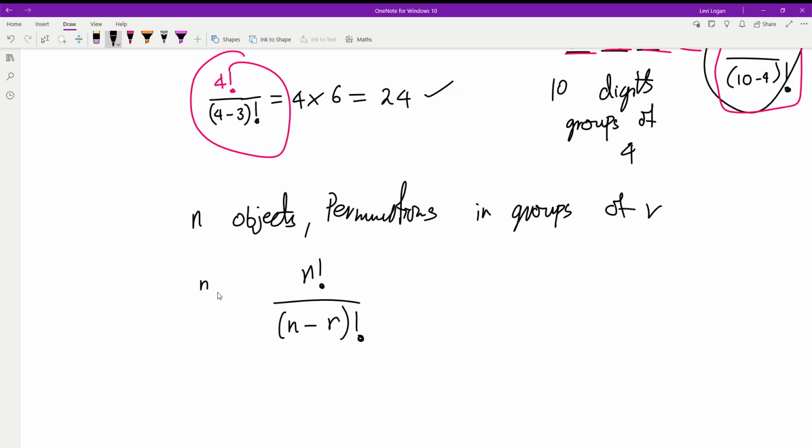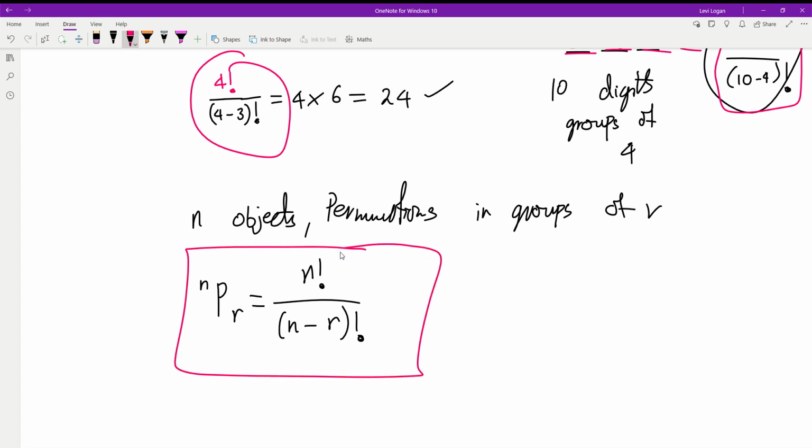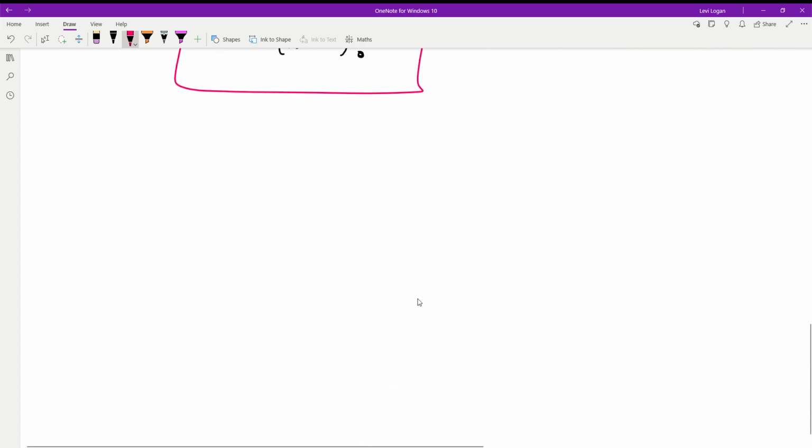So this is the formula for permutations. So if you want to find the number of permutations in a group, you need to take the number of objects you have, find that factorial, and divide by the difference between the number of objects minus the size of groups you want them in, factorial.